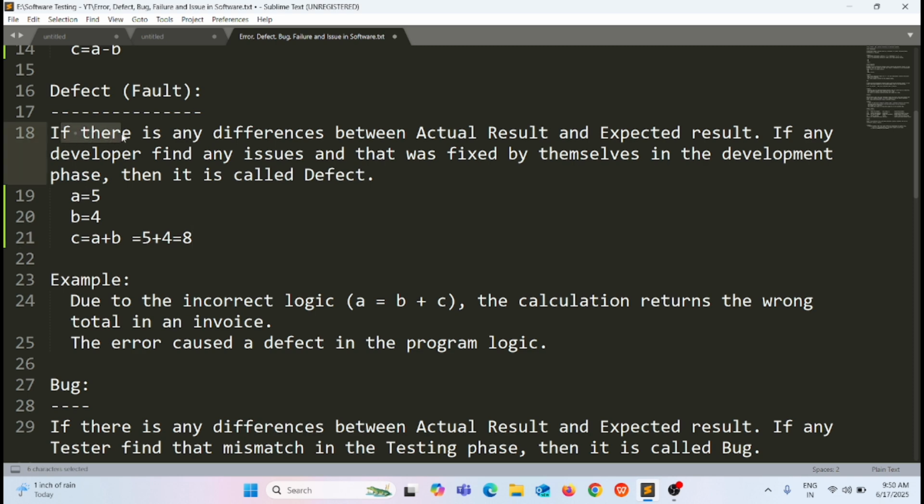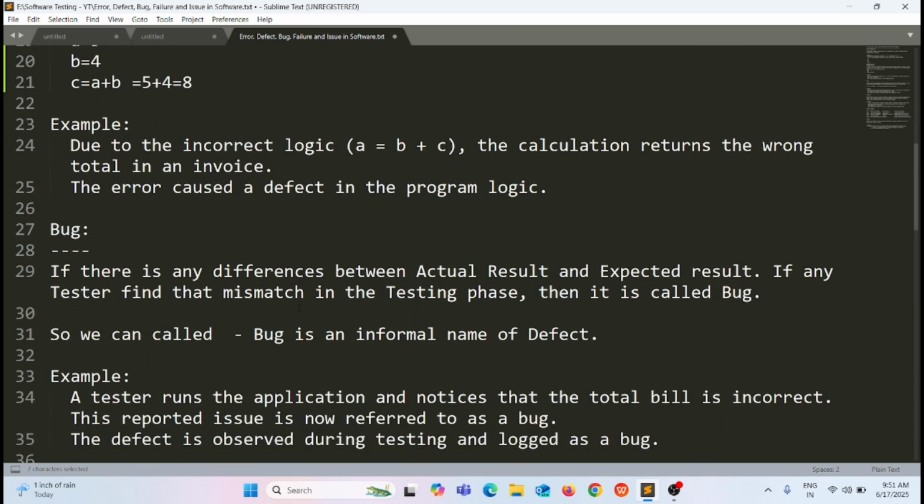But here is one tweak. If you carefully observe, the defect says that if there are any differences between actual results and expected results. And also, if we go for the bug, there is the same definition: any differences between expected results and actual results.